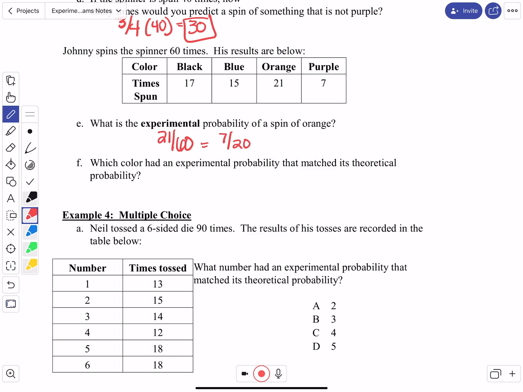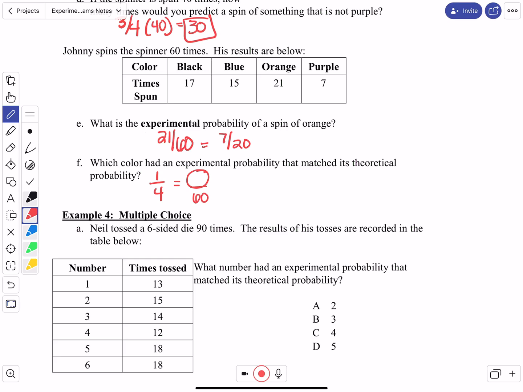Which color had an experimental probability that matched its theoretical probability? Well, the theoretical probability is 1/4. So we're looking for a number that reduces to 1/4. Basically, we're looking for something out of 60 that reduces to 1/4. The way you want to think about this is: what times 4 equals 60? That's the question you want to ask yourself, because that's the number on top that would reduce to 1/4.